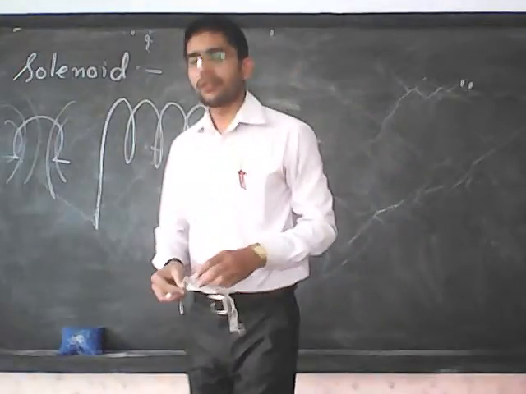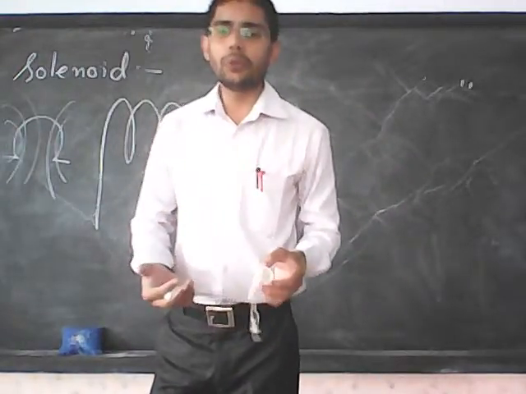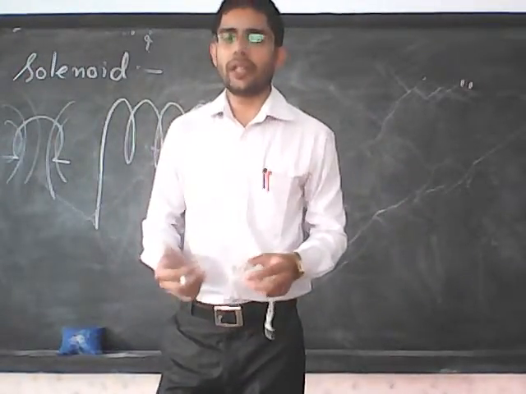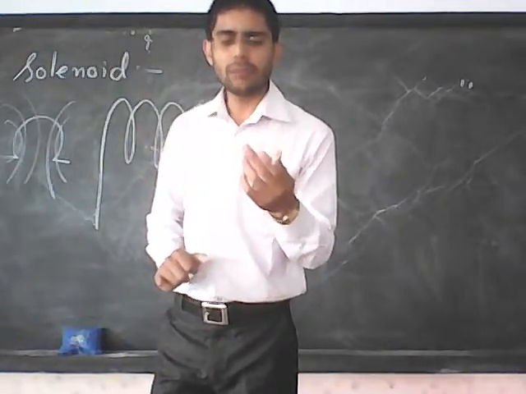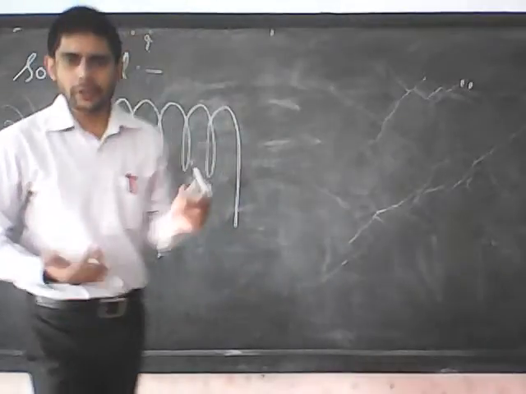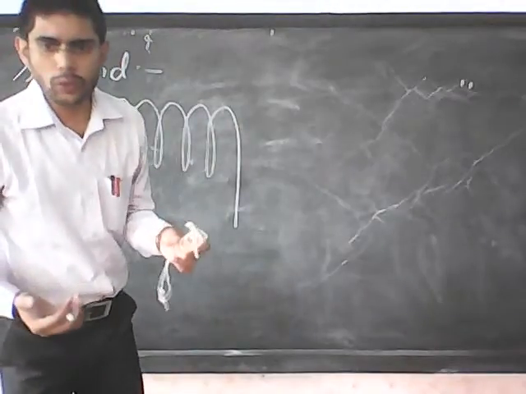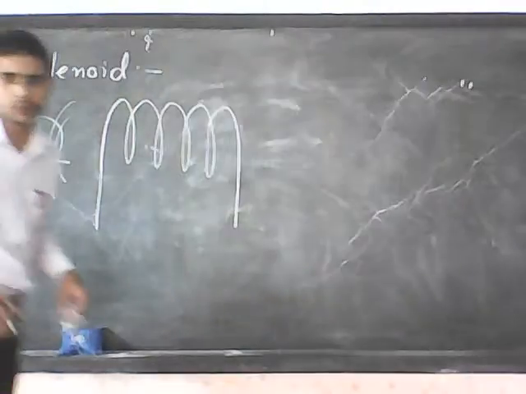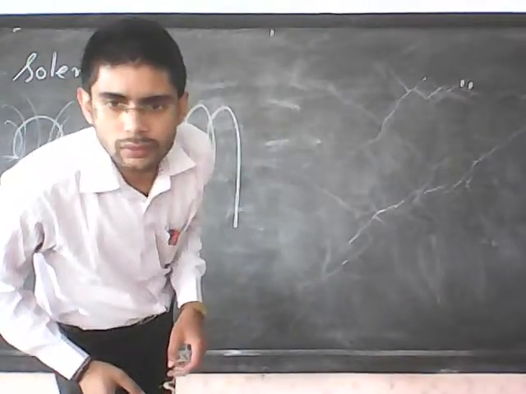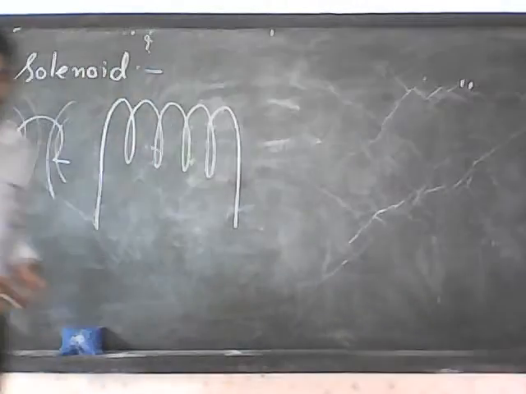So very first we want to know about polarity, as we are comparing with the bar magnet, so it should possess a north pole and a south pole. Okay, meaning is clear.